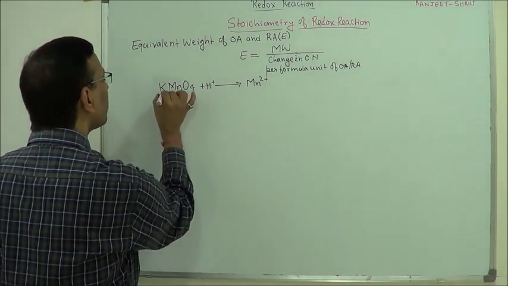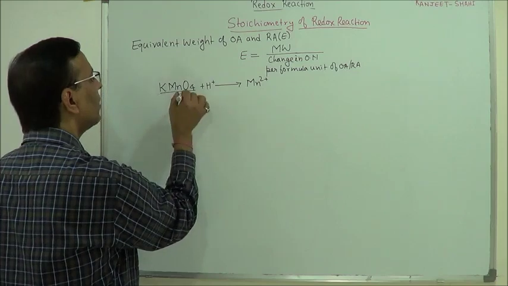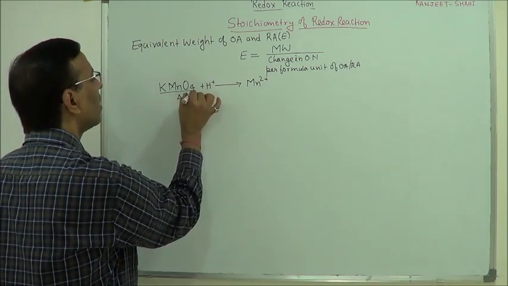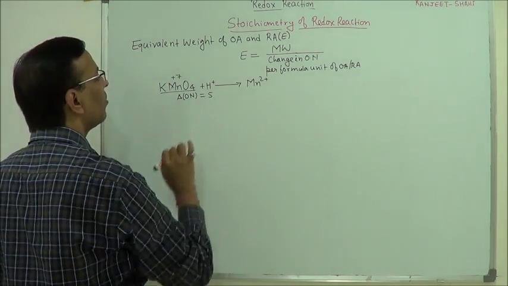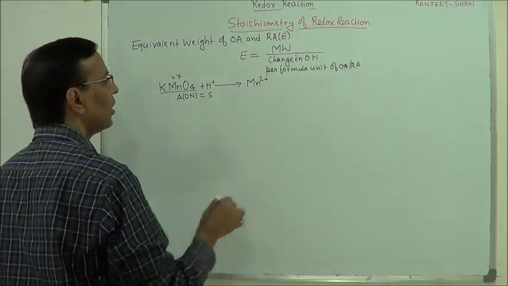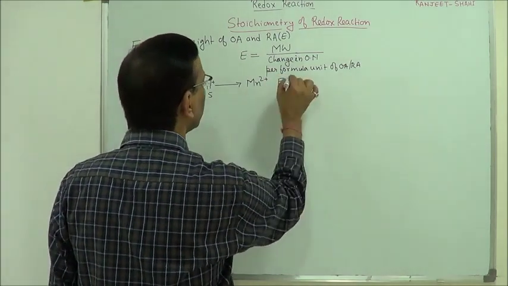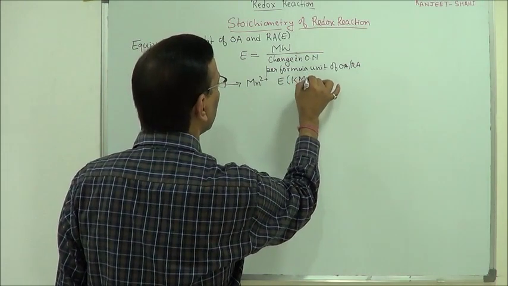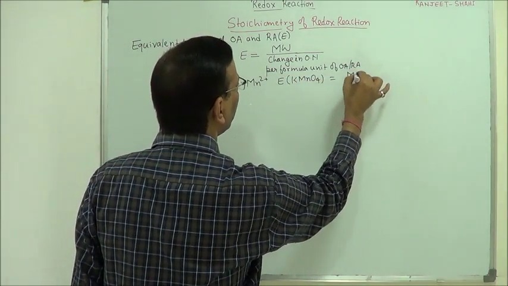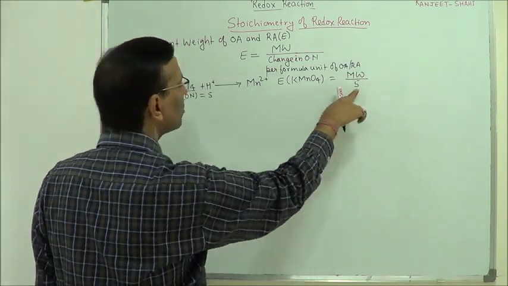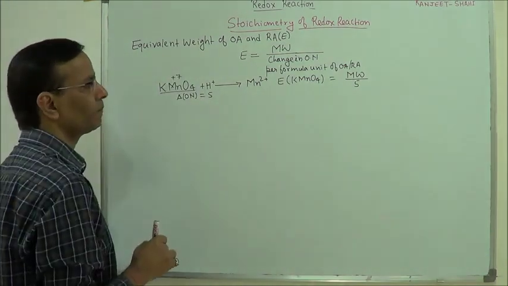So for 1 unit of potassium permanganate, the change in oxidation number is 5. Here we have +7, here we have +2. So equivalent weight of potassium permanganate here is its molecular weight divided by 5, the change in oxidation number for 1 unit of potassium permanganate.